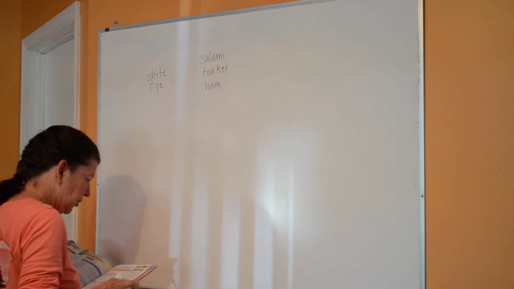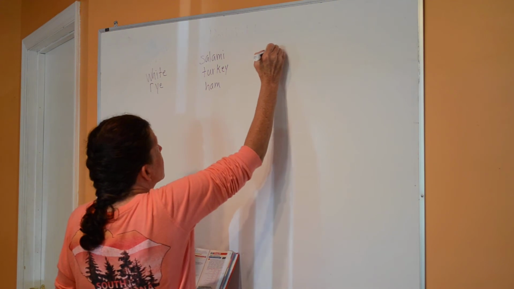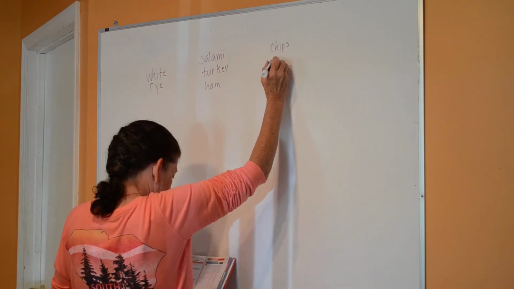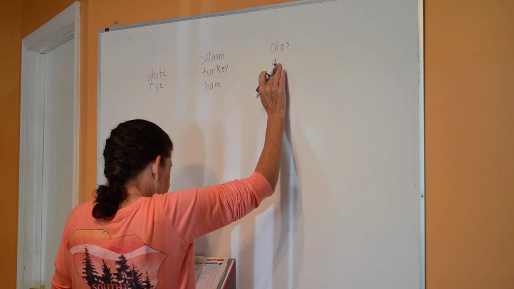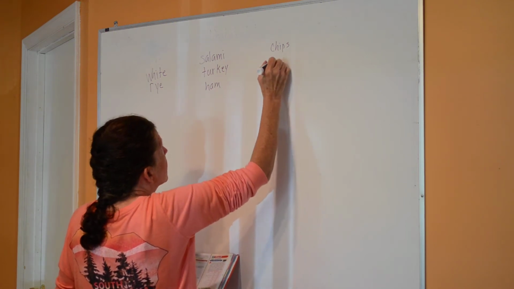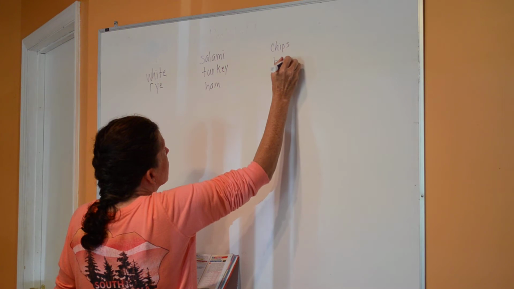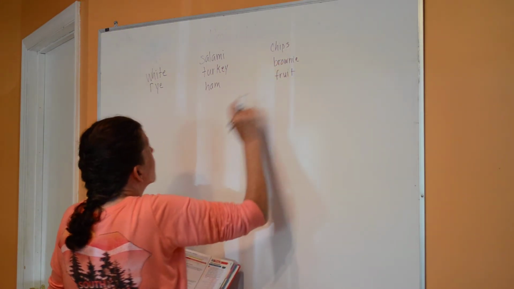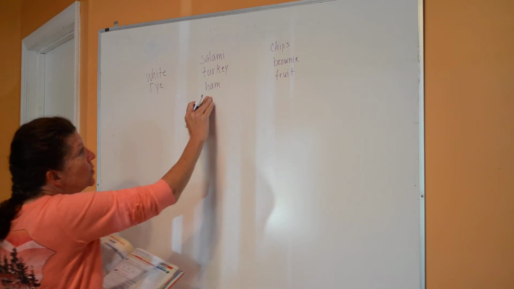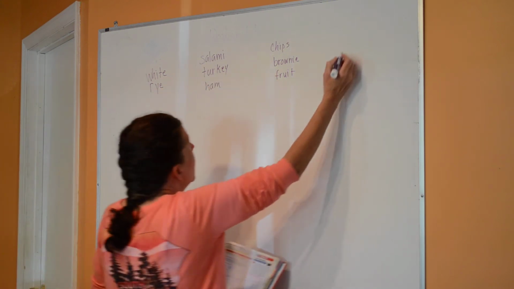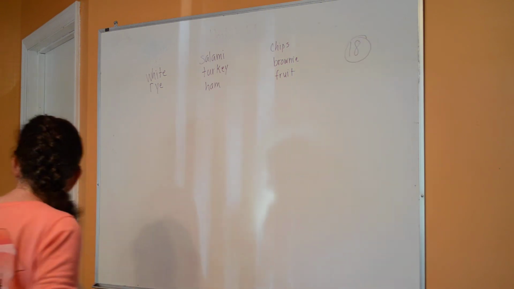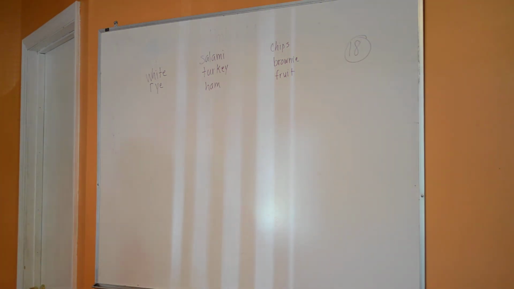And then you can choose chips, brownies, or fruit. Okay, so I know that I have 2 times 3 times 3. So I'm going to have 18 different choices. Okay, so go ahead and draw your tree diagram and then come back and check it.